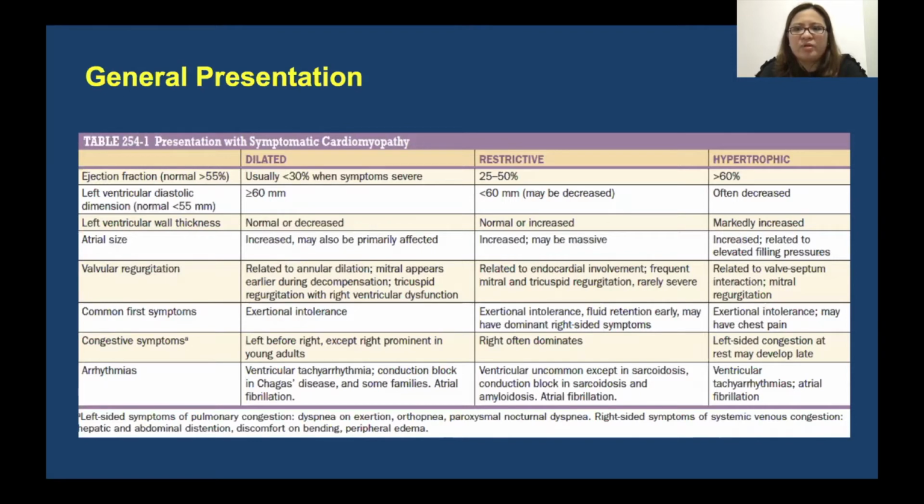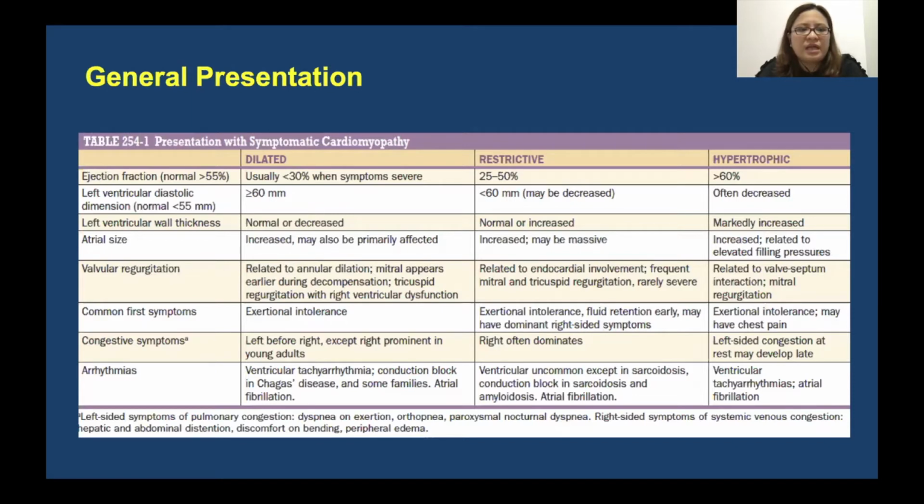For hypertrophic, the cavity is often small or decreased. And then let's take a look at the relative wall thickness of the left ventricle. For dilated, it is usually normal or decreased. For restrictive, it may be normal or increased. For hypertrophic, it is markedly increased.